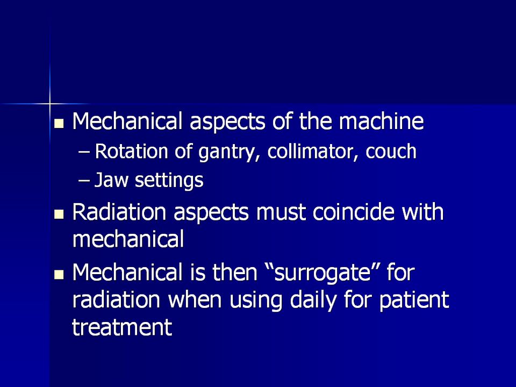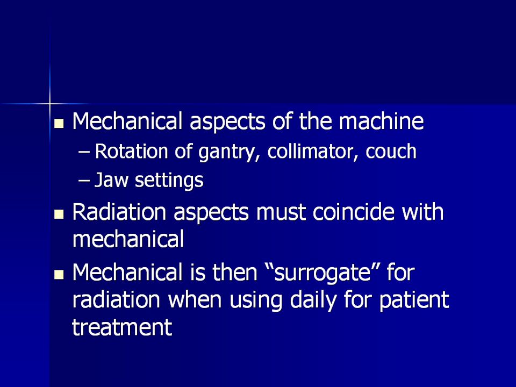Yeah. So I was just going to show a couple examples of the mechanical aspects of the machine, some of these yearly checks we do. The radiation aspects of the machine must coincide with the mechanical aspects. So that's one way to look. I kind of look at the mechanical as a surrogate for the radiation.